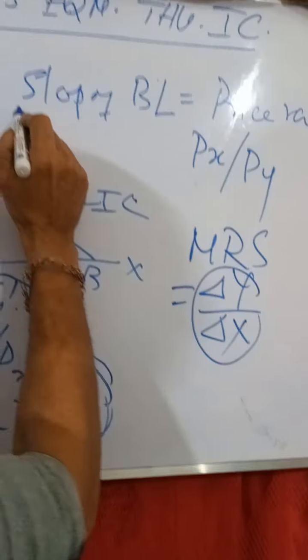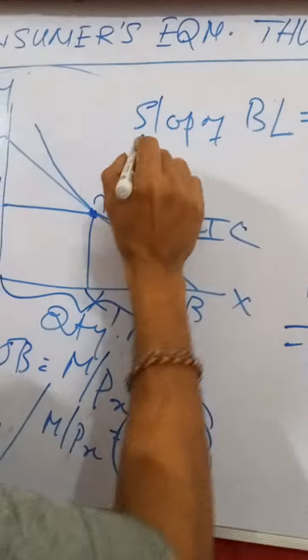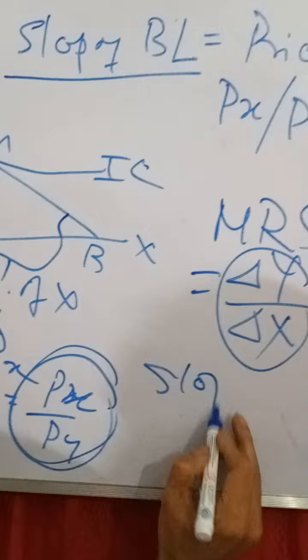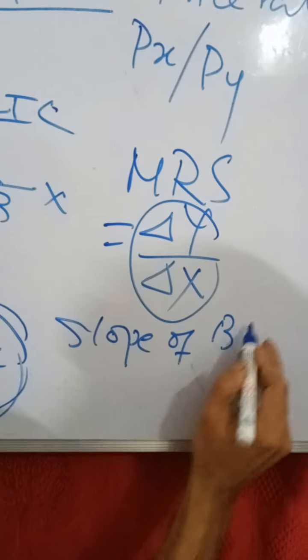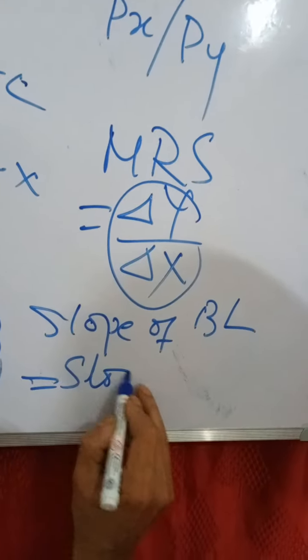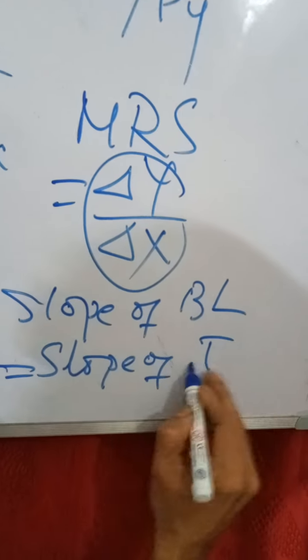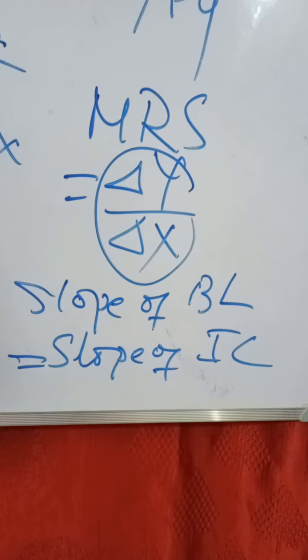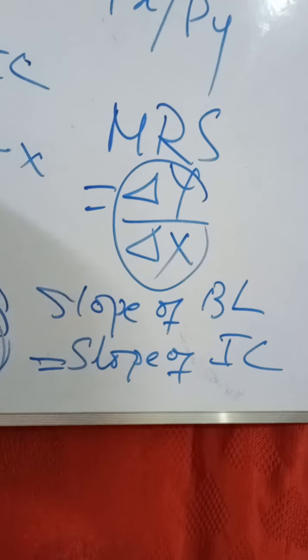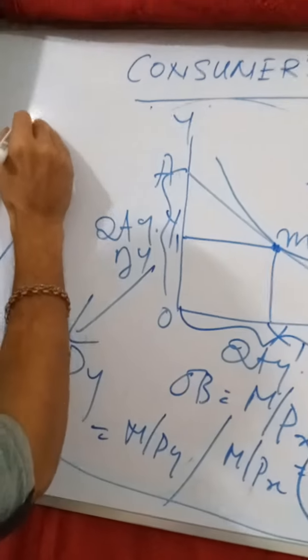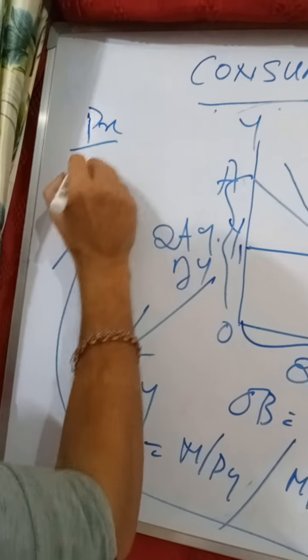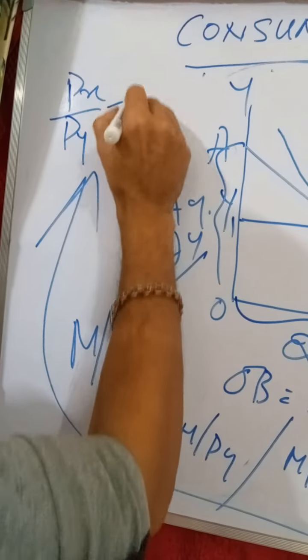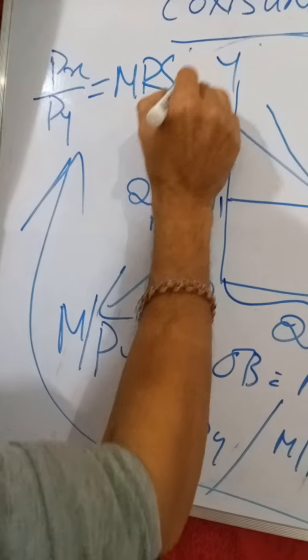So if at the point of tangency the slope of the budget line is equal to the slope of the indifference curve, what we get is Px by Py is equal to MRS XY.